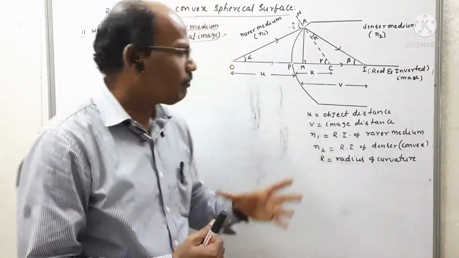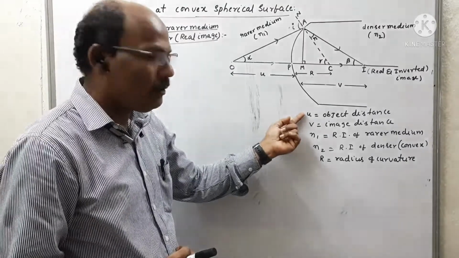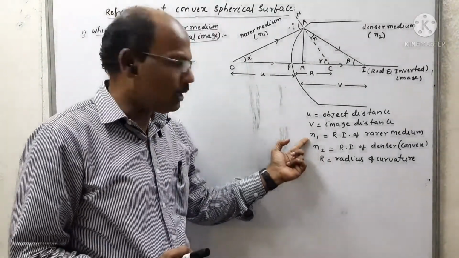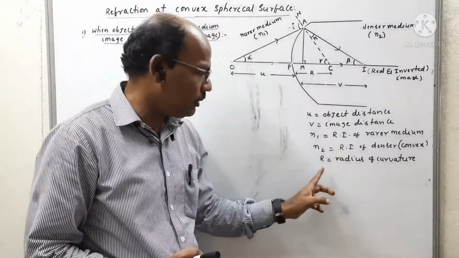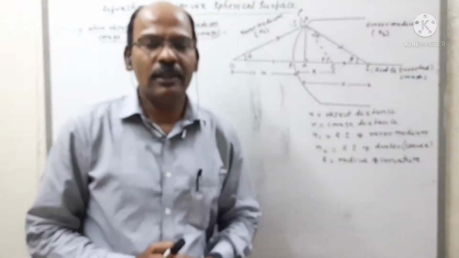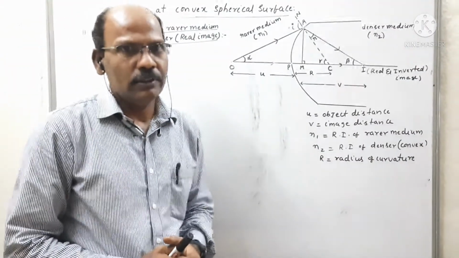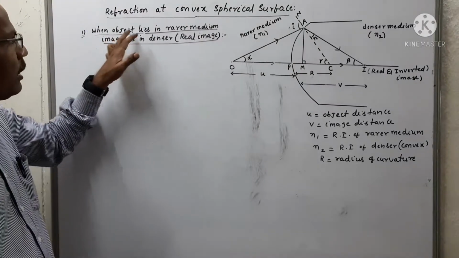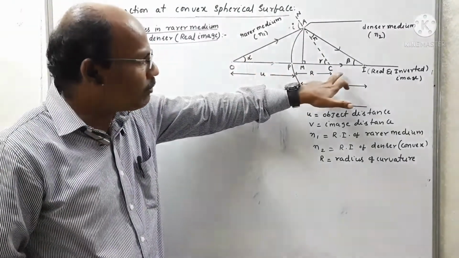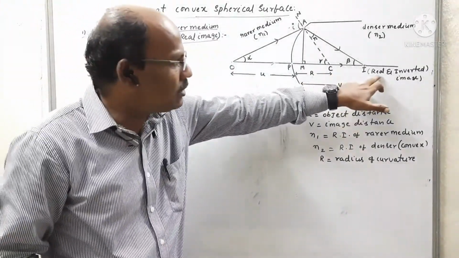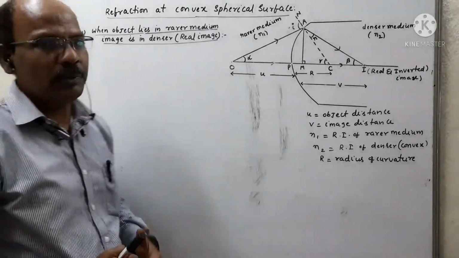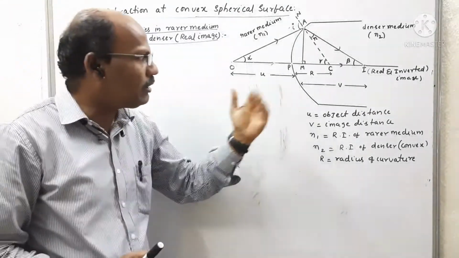In that situation, what is the relation between object distance, image distance, refractive index of the rarer medium, refractive index of the denser medium, and radius of curvature of this convex refracting surface? So the first case is when the object lies in the rarer medium and the image is formed in the denser medium, which is a real image. What is the expression for this case? Observe the diagram.